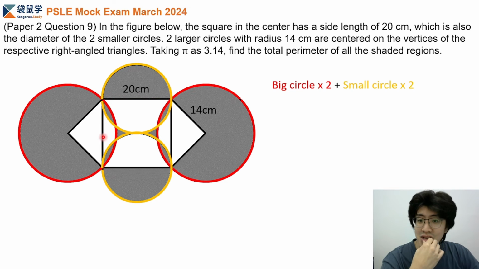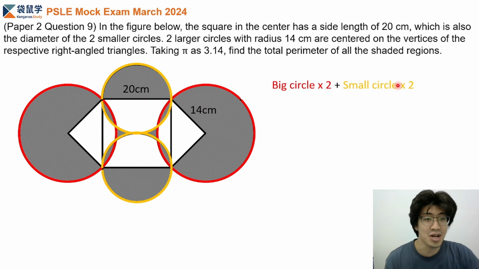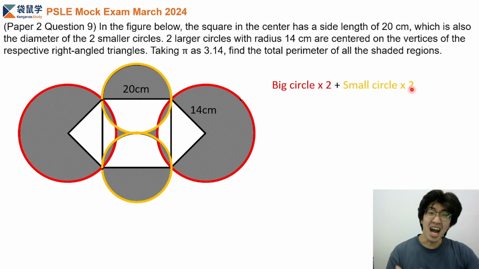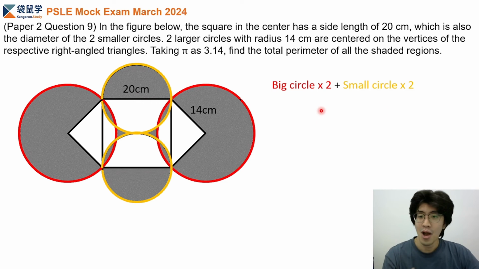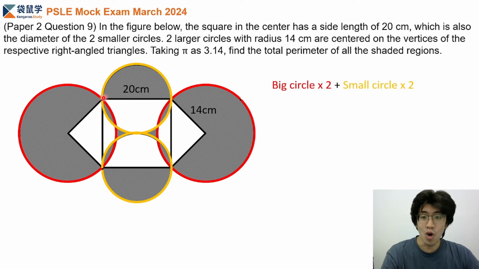So that solves at least all this inner part. You can see all these shaded regions are already bounded with these two big circles and two small semicircles. But is that the final answer? Let's check. Now, any other side of the shaded regions that we have not included over here? Well, there are some. For example, this is also the side of a shaded region, and this one as well. And also this too. Well, do we know their dimension?